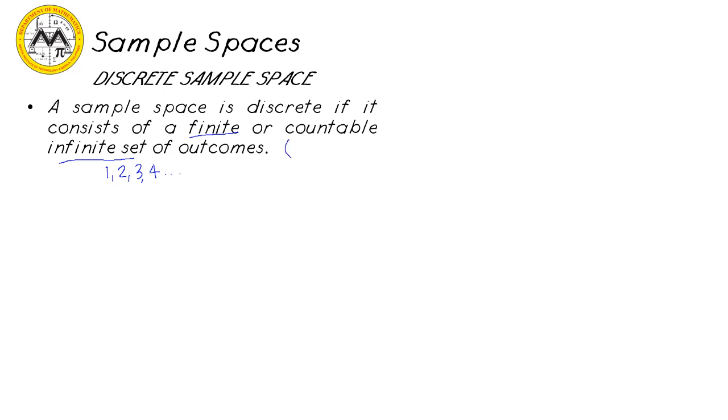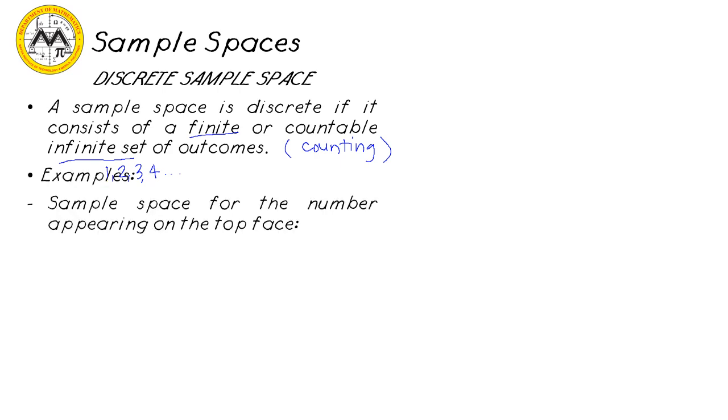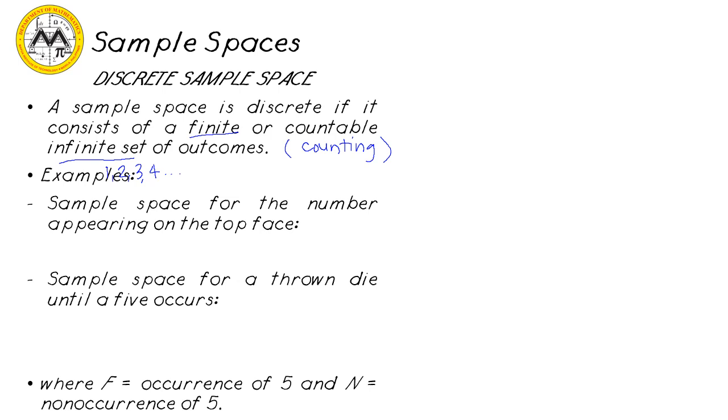Usually this arises on counting. We also have, for examples, the sample space for the number appearing on the top face of the die. So that would be S is equal to 1, 2, 3, 4, 5, and 6. So this is a discrete sample space.